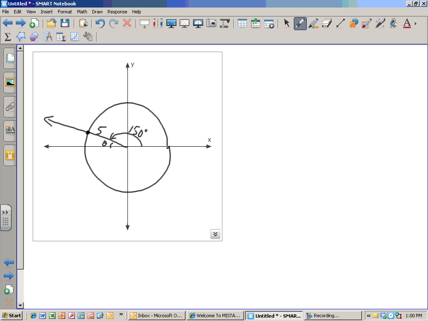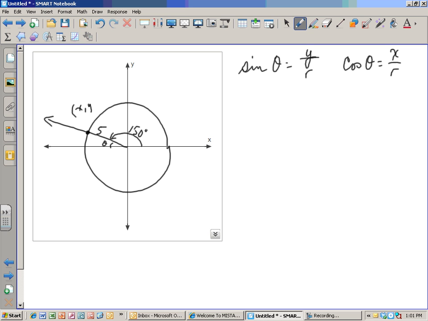All right. Here's how we do this. Our reference angle is 30. Now the sine of an angle I know is y over r, and I know the cosine of an angle is x over r. And what am I looking for? Well, I'm looking for a point.